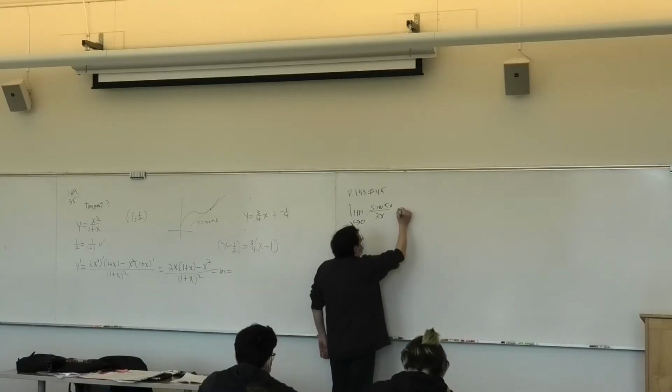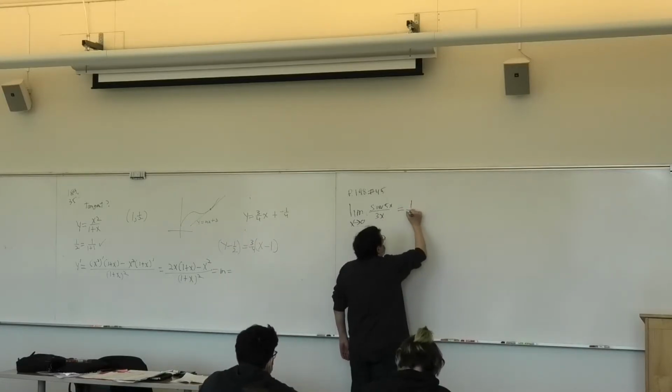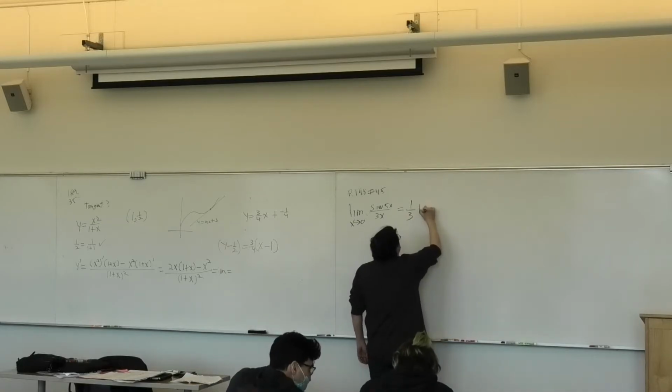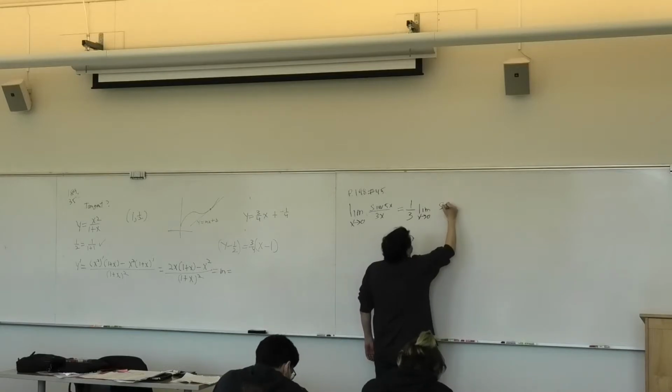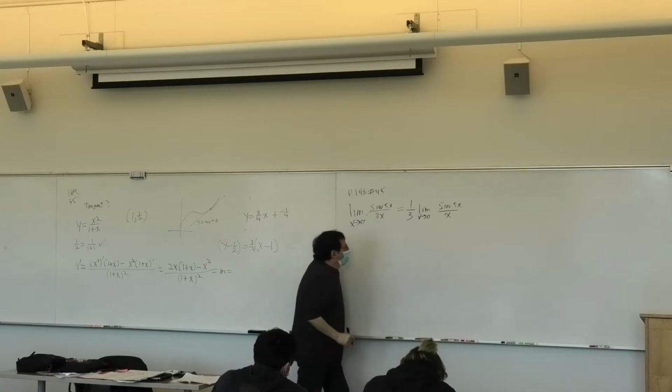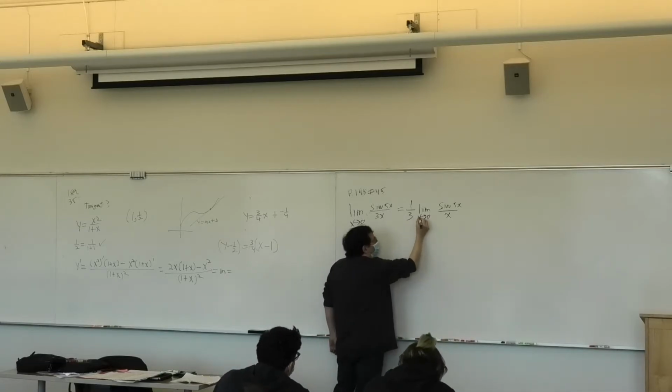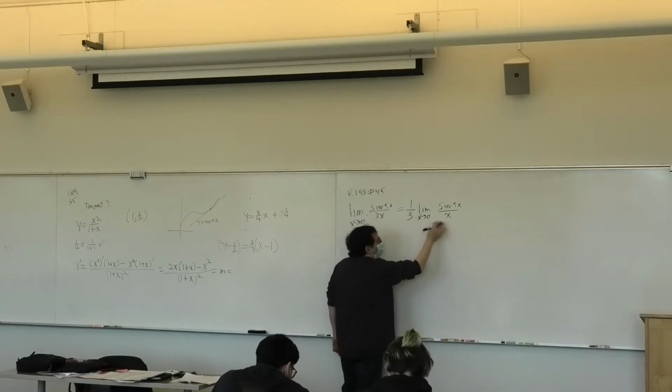Well, let's start out with that 1/3. Get that out of the way. We know we can do this because constants move in and out of limits that way.